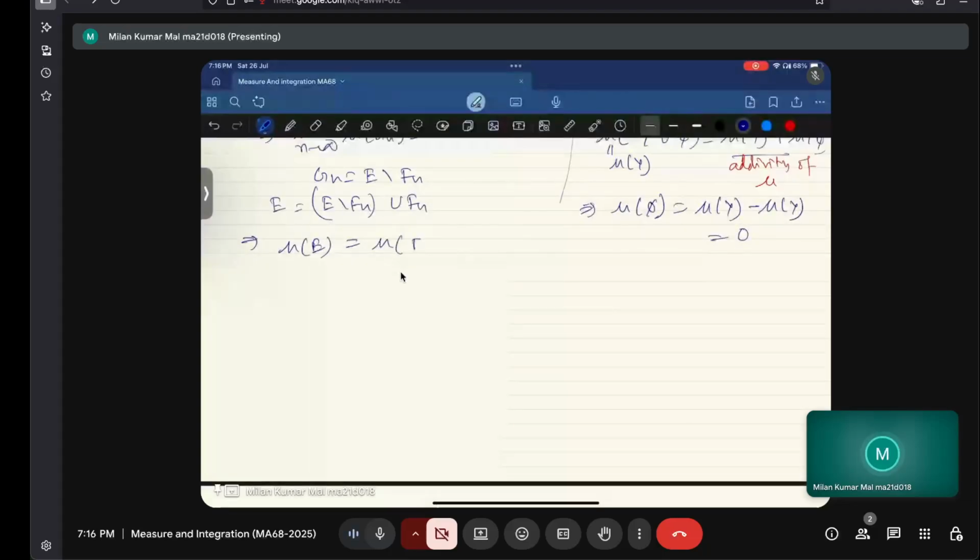And for Fn we have used that it is additive. This gives mu of E minus mu of Fn.